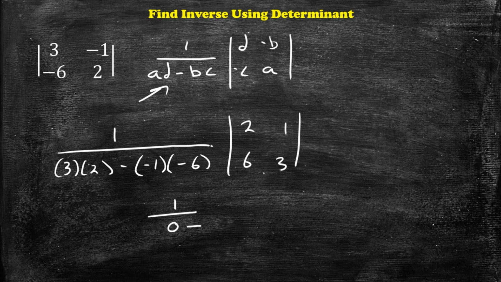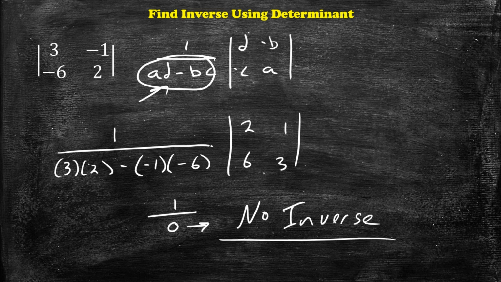Okay, so this right here is going to be our stopping point. Whenever your determinant is equal to 0, that means there is no inverse for that matrix right there. Okay, so what you could do is you could just start off by finding your determinant and then checking to see if it's equal to 0. If it's equal to 0, there's going to be no inverse, and then you won't be able to proceed.